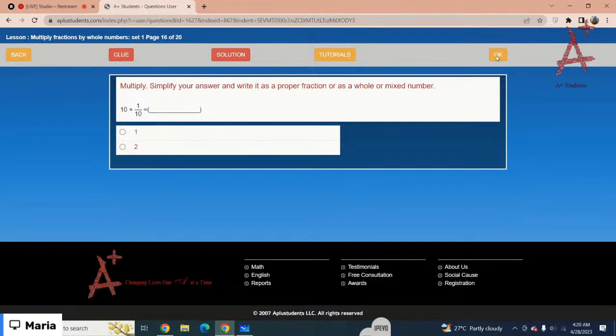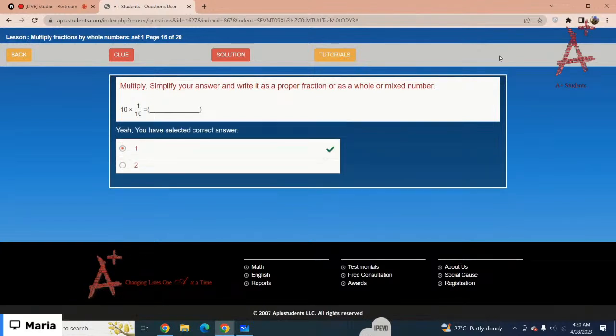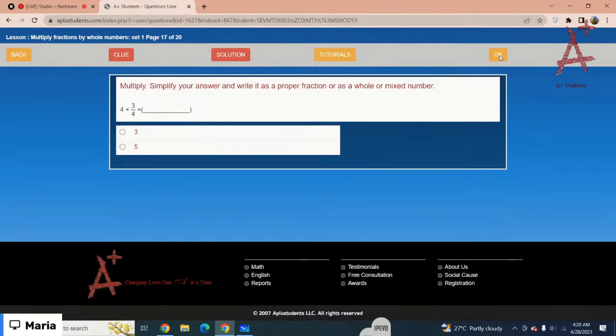So which is the correct option? Correct option is 1. Okay, 4 times 3 by 4. So which is the correct option?